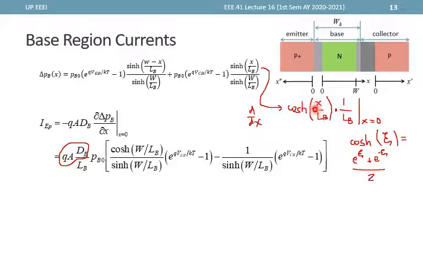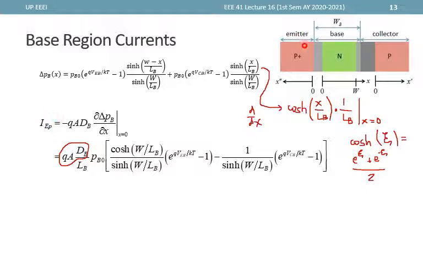At x is equal to 0, we evaluate it at 0. e raised to 0 plus e raised to minus 0 is 1 plus 1 over 2, and that just ends up being 1. By chain rule, this term here appears here, and since we don't have a minus sign anymore, we need to indicate this negative sign from this point.